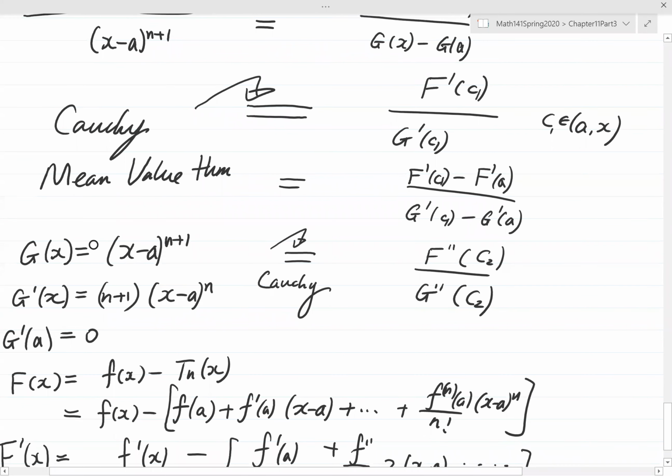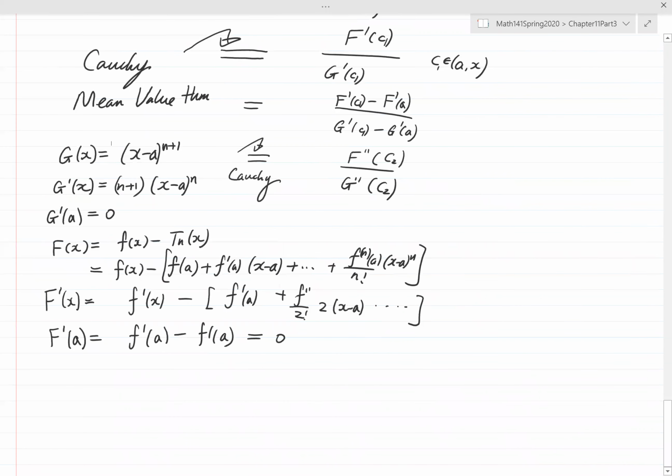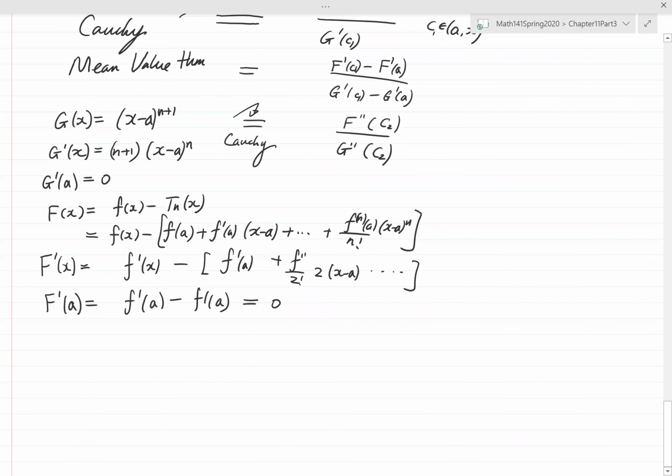Now this way you can go on and on. When is the end of the story? You see, g is a polynomial of degree n plus 1.